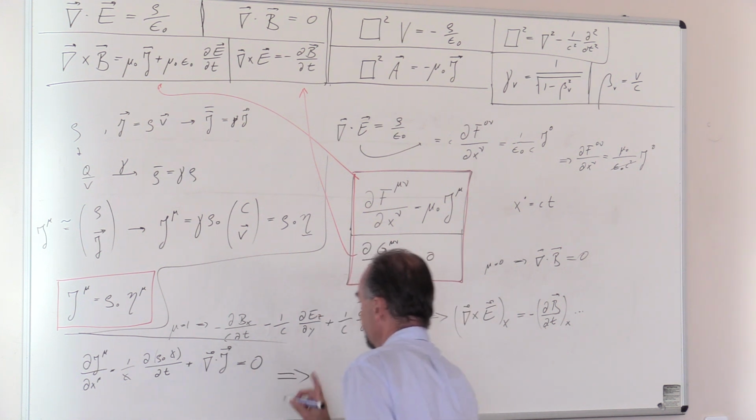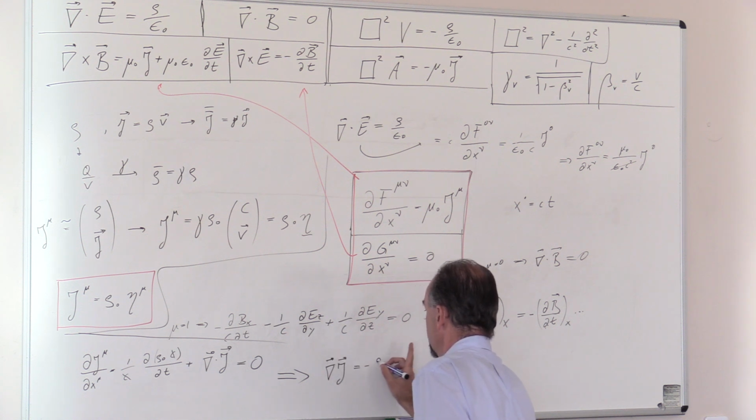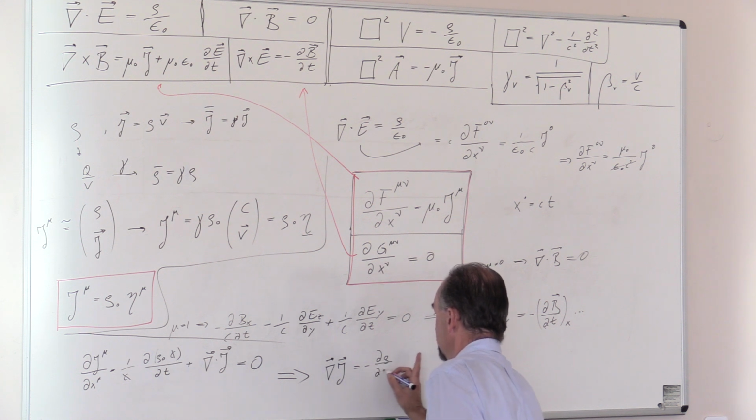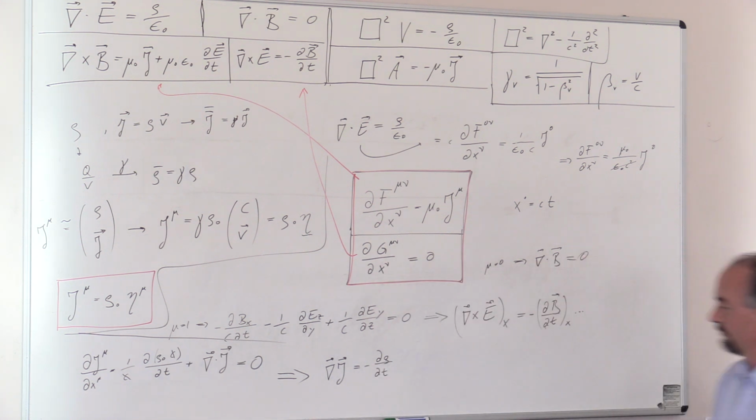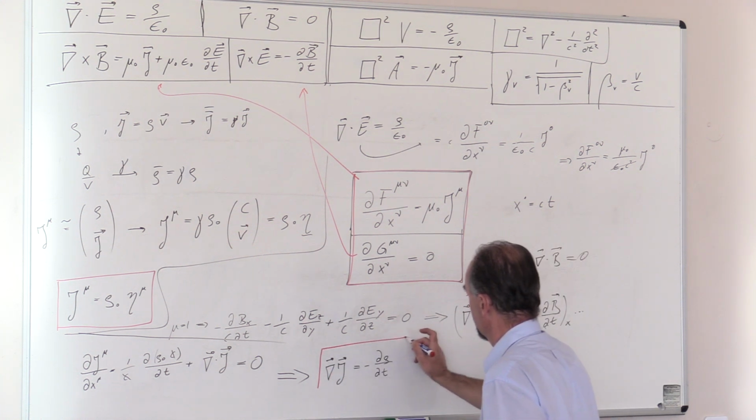Equals, what is that? The c's we can cancel out. Meaning, what kind of equation is that? We say the divergence of the current density equals minus d rho over dt. What kind of equation is that? What does that tell you effectively? Which principle is behind that?